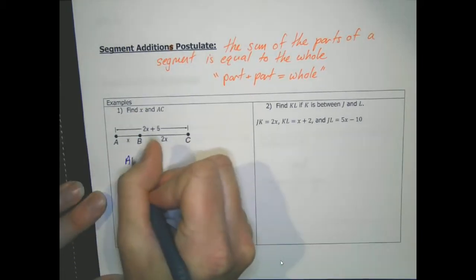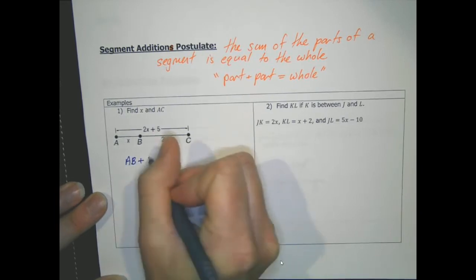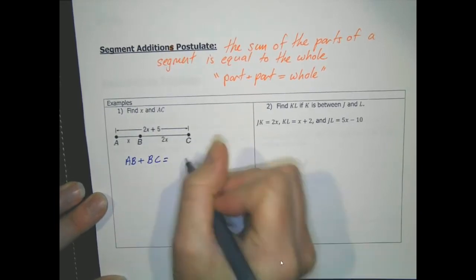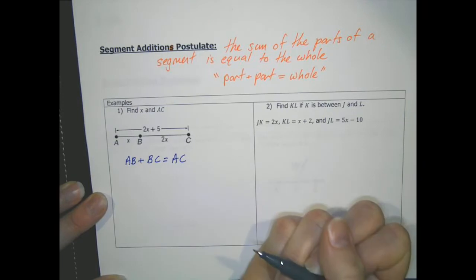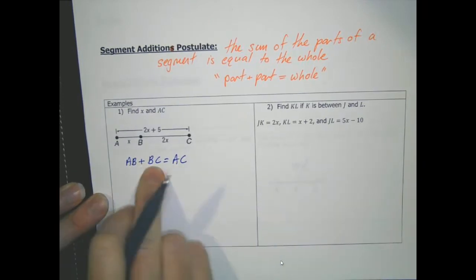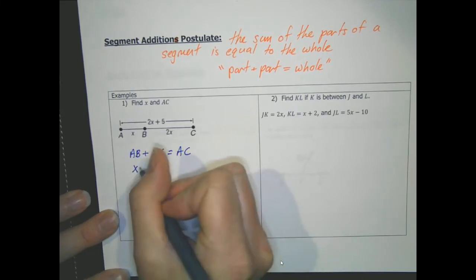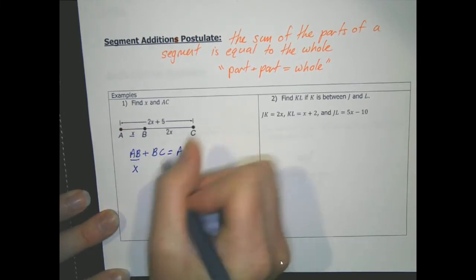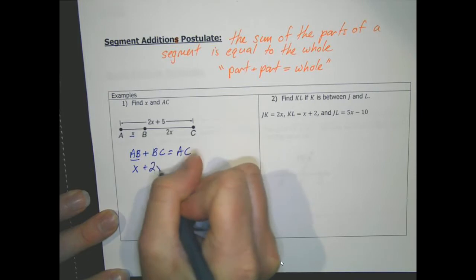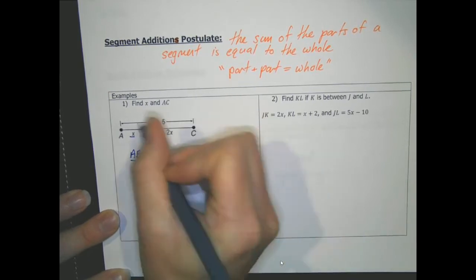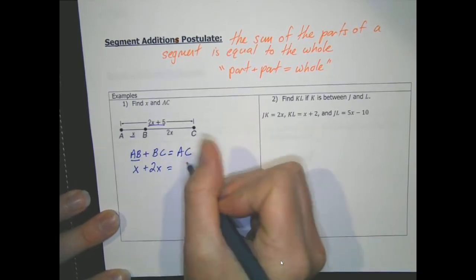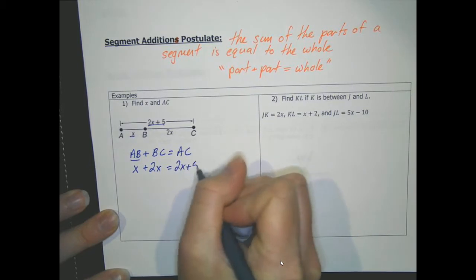So I know the distance from A to B plus the distance from B to C is equal to the distance from A to C. Okay, that's segment addition postulate. Part plus part is equal to whole. X, which is the distance from A to B, and 2x, which is the distance from B to C, is equal to the distance from A to C, which is 2x plus 5.